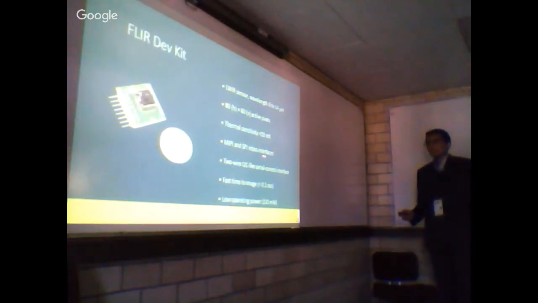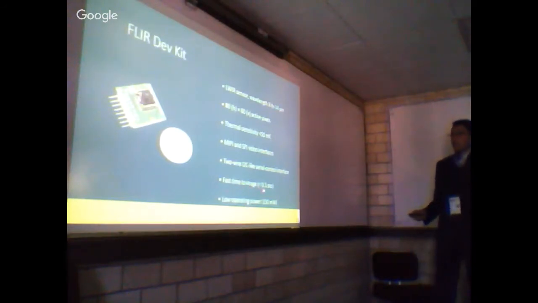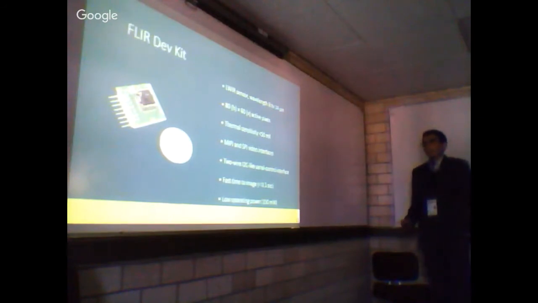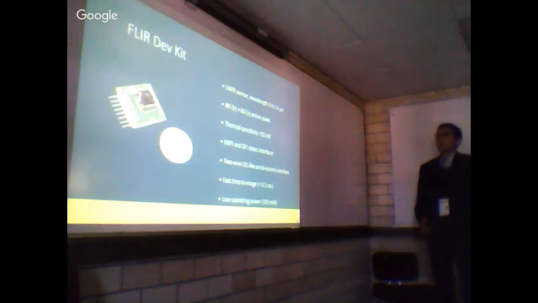The video interface is done by the SPI protocol, and the control interface by the I2C protocol, both of which can run in parallel. It has a fast image rate, less than half a second, and a low operating power of 115 milliwatts.